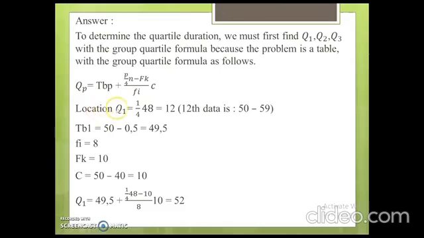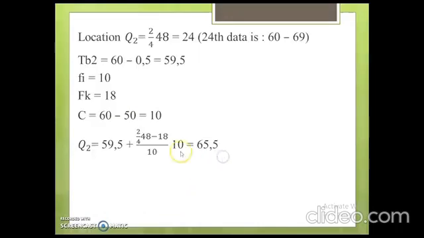Location K1 equal to 1 divided by 4, so K1 equal to 52. Location K2: K2 equal to 65.5.